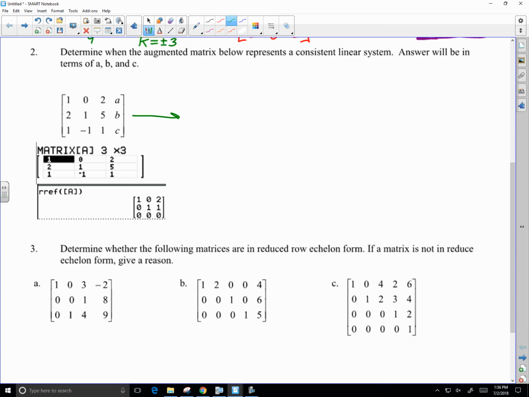I would then be, let's see, negative 2R3 plus R2, R2. 0, 3, 3, then the fun one, negative 2C plus B. Then I would do 1/3 of row 2.